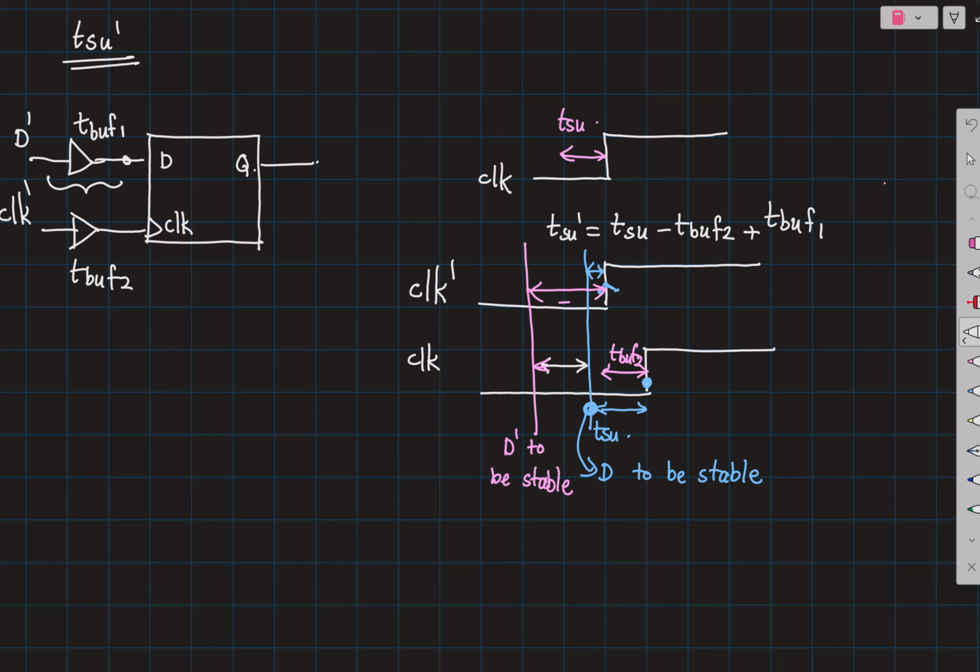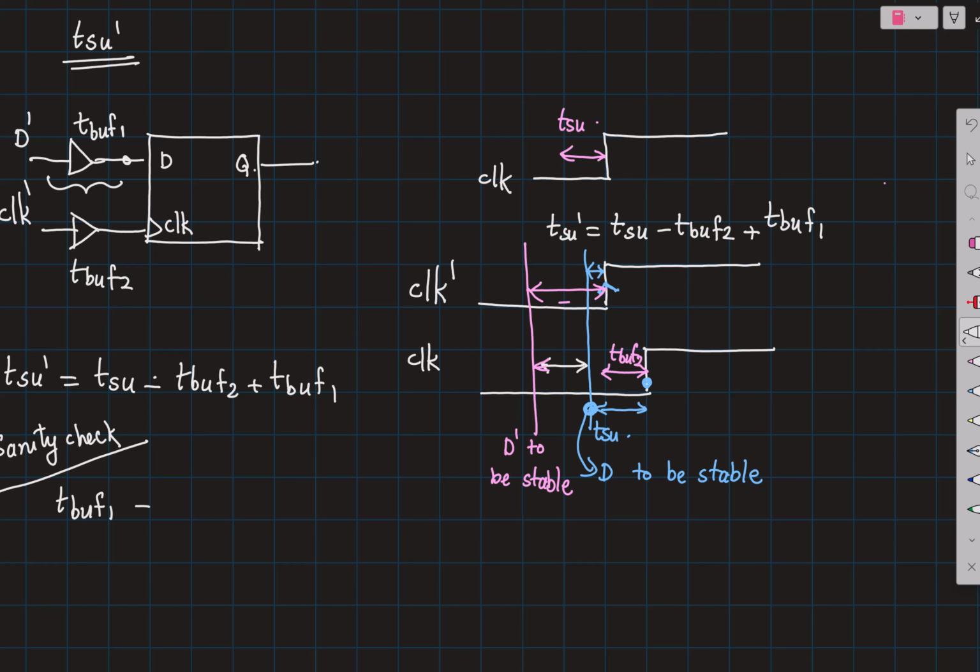So you get your result as TSU dash equal to TSU minus T buff 2 plus T buff 1. What is the sanity check you can do? You can consider what happens if T buff 1 and T buff 2 are both equal to 0. Then your result should simplify down to the setup time of the original internal clock. And you will get that result here.